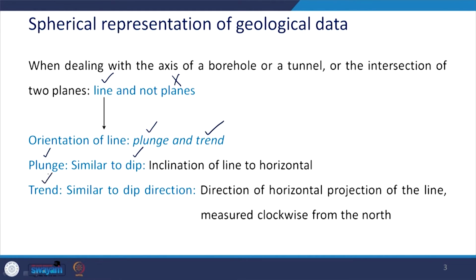Trend is similar to dip direction, which is defined as the direction of the horizontal projection of the line, measured clockwise from the north direction. So, please remember, for a plane we need dip and dip direction for its representation. However, in case of a line we need plunge and trend.